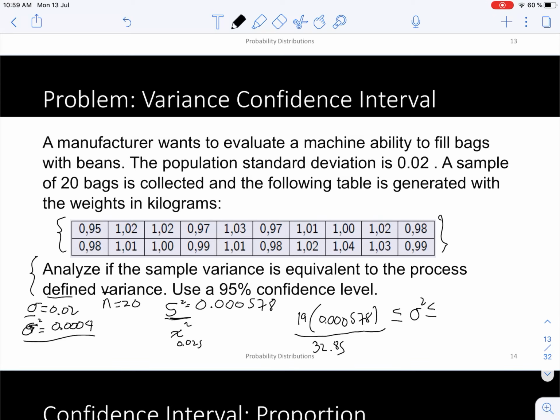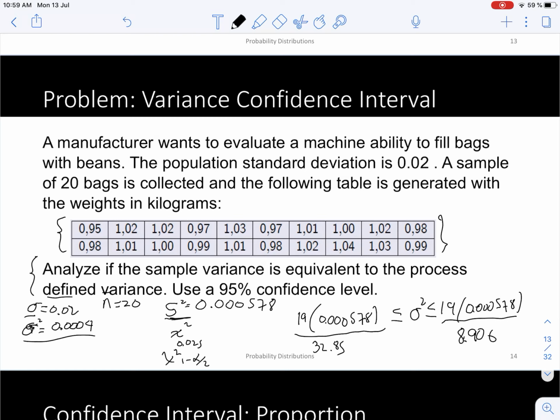And the upper limit has the same numerator. It's 19 times S squared, 0.000578, divided by, now this is chi-square, and the area to the right is 1 minus alpha divided by 2. So that chi-square is 8.906.